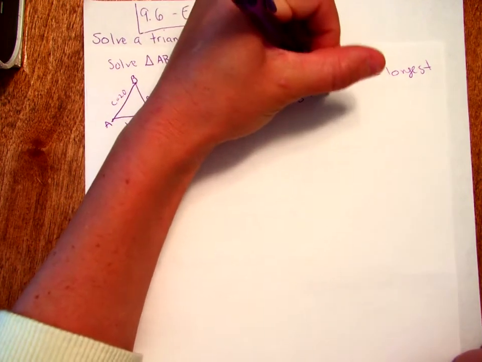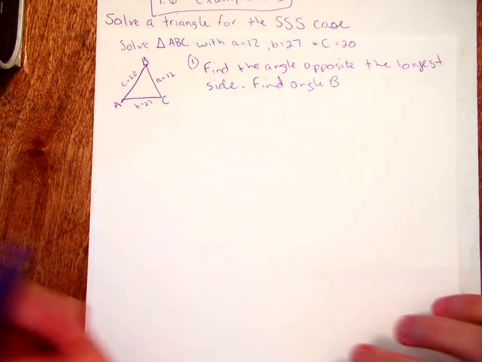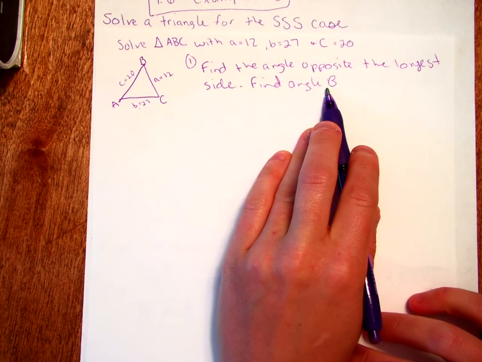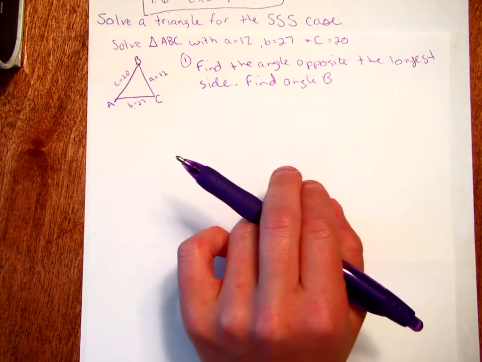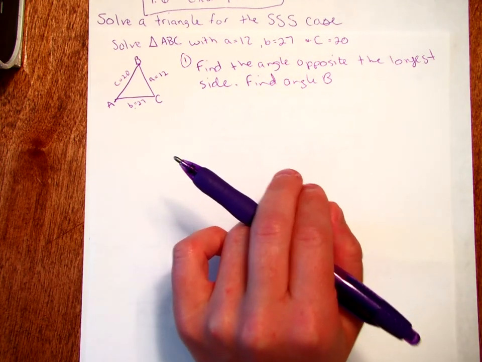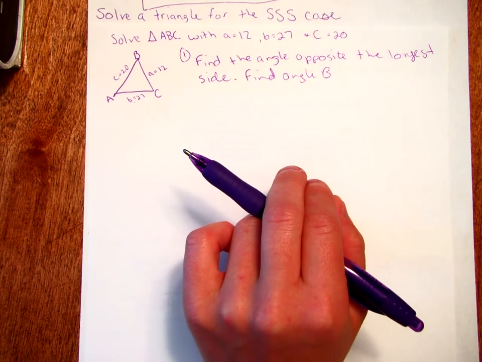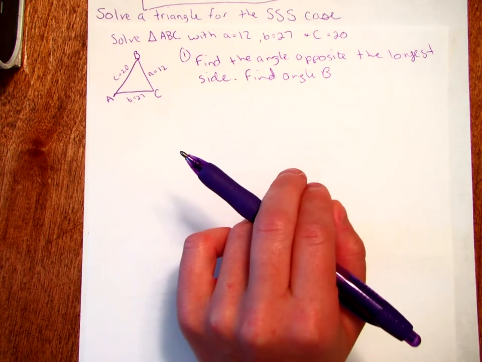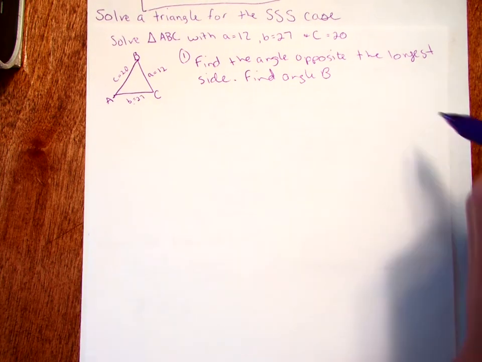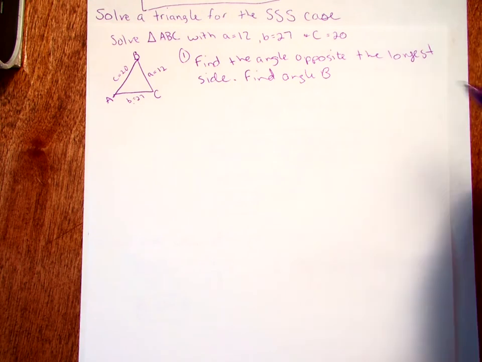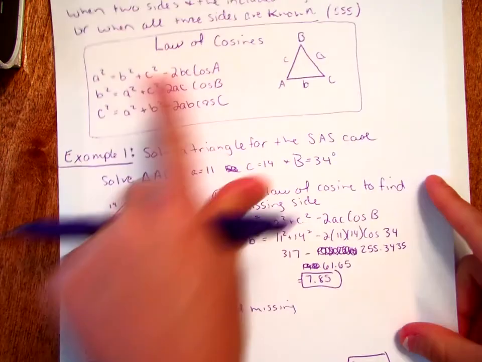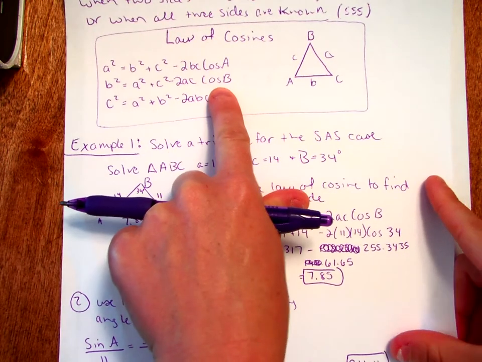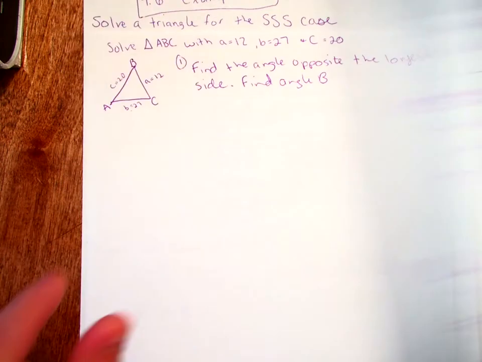Okay, so if we're looking for angle B, then on the law of cosines, we need to use the specific formula that goes with B. Sorry, I'm just looking for that formula for you. So if we're looking for angle B, then we're going to use this formula.